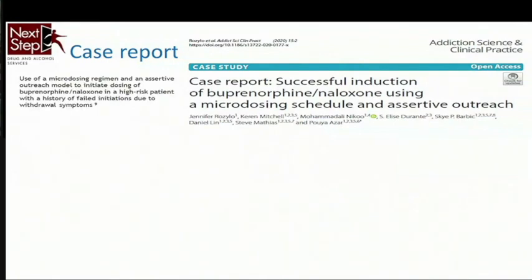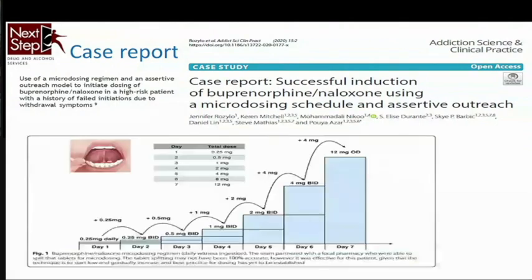The patient's report was that it was precipitated withdrawal, or just the fear of withdrawal, that prevented him from sticking to treatment. So they looked at a 7-day process of using microdosing. While he was still using heroin, they used lower doses of buprenorphine, and he managed that quite well and was successful in adhering to treatment.